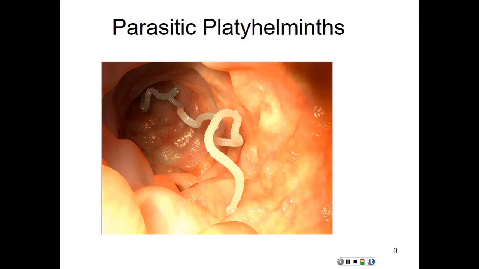They typically have a tough outer covering to help protect it from host defenses. And reproductive structures are actually going to make up the bulk of the interior.